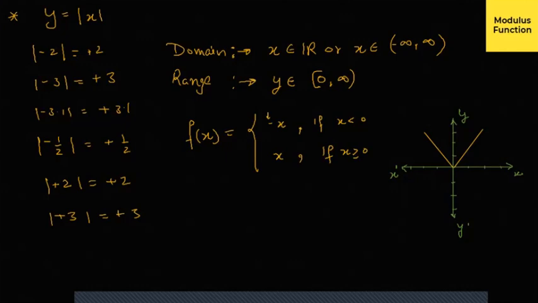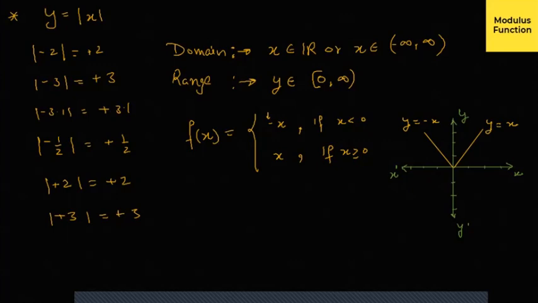So this you are able to see here in the graph, this is a positive x domain. So in that case the value of y is equal to x. So this is the line having equation y is equal to x. From 0 to infinity, equation of line is y is equal to x, and from minus infinity to 0, equation of line is y is equal to minus x.